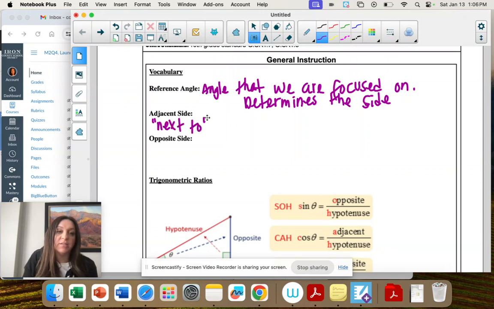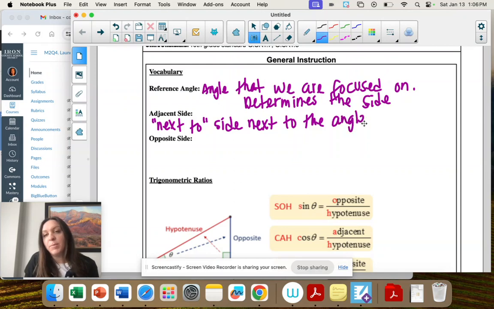Like if I'm adjacent to you, I'm next to you. So it's the side next to the angle. And then opposite, same thing. If I'm sitting opposite you, I'm sitting across from you. So the opposite side is across. We would say it's the side across from the reference angle.